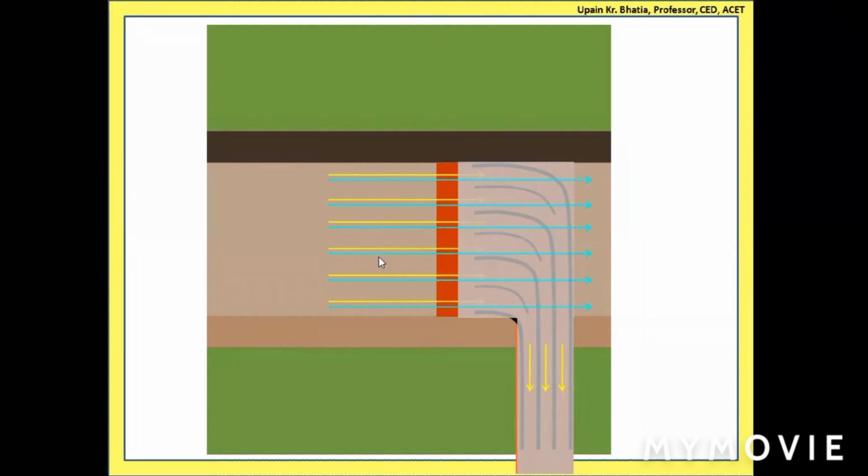But how much quantity of water should be removed, for that we provide gates over here also. Like 3 gates we have provided for these 3 channels, 3 tunnels. So we can operate these gates and control the quantity of water to be released to the outward side.